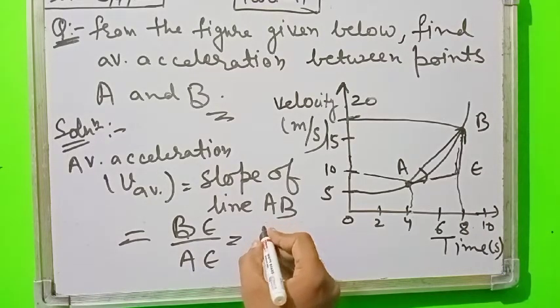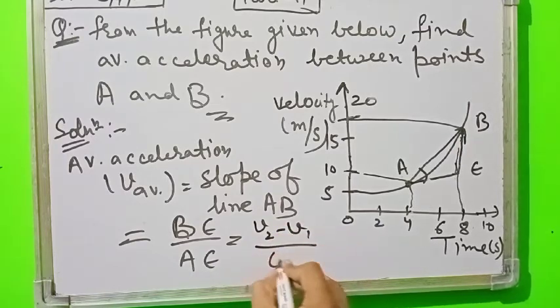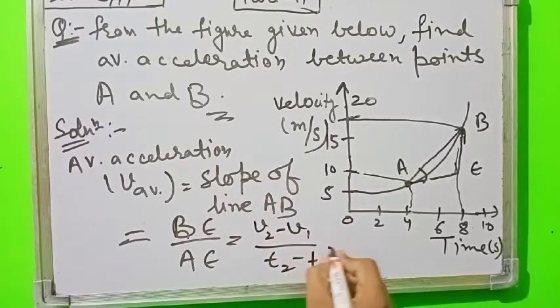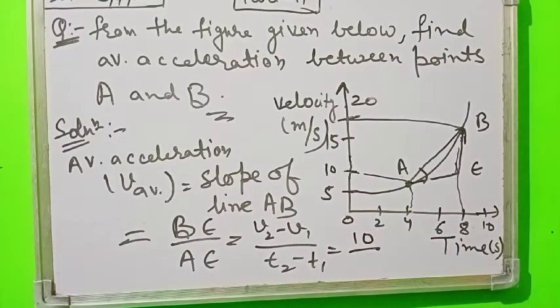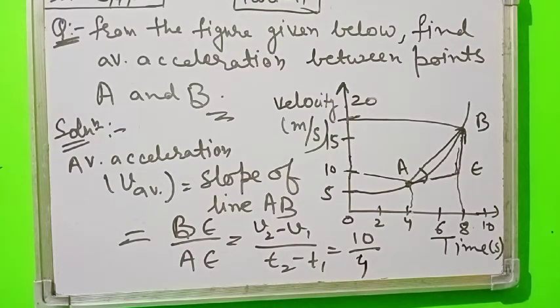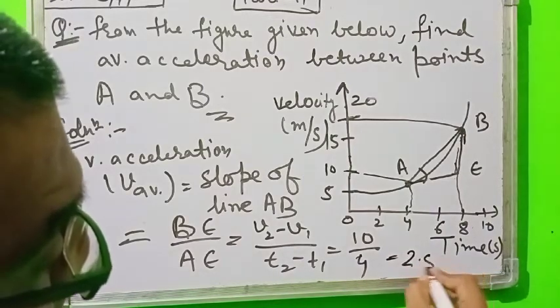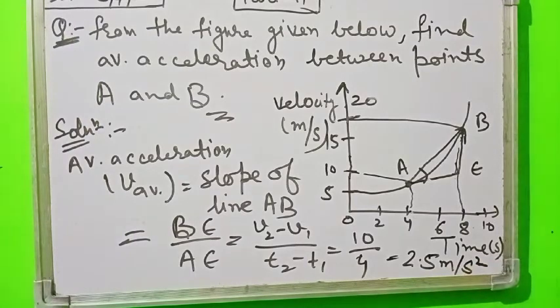That is V2 minus V1 upon T2 minus T1. So 20 minus 10, that is 10, and T2 minus T1 is 8 minus 4, that is equal to 4, and it will be equal to 2.5 meter per second square. So in this way you can find the average acceleration.